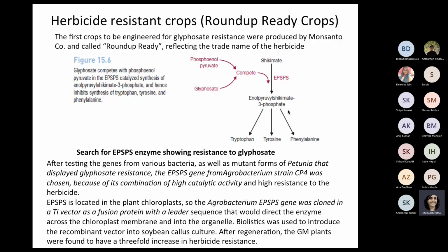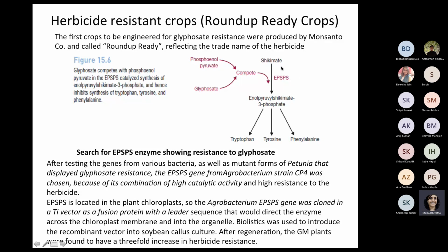So the plants will survive while weeds will die. Yes, the initial attempts to make a herbicide resistant crop was by overexpression of EPSPS, but it was realized that it was giving some resistance, but it was not very apt. I mean, it was not enough for the plants to completely survive as compared to the weeds.